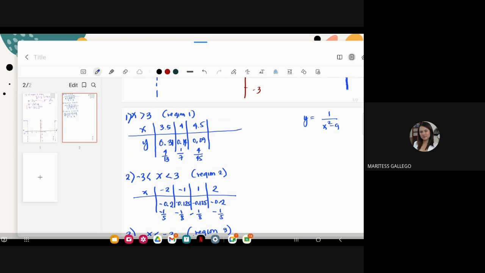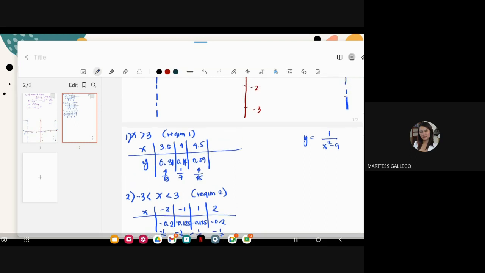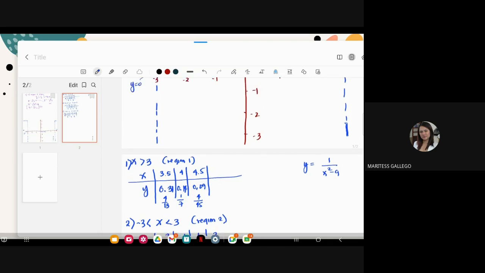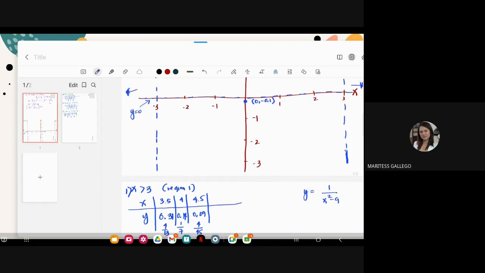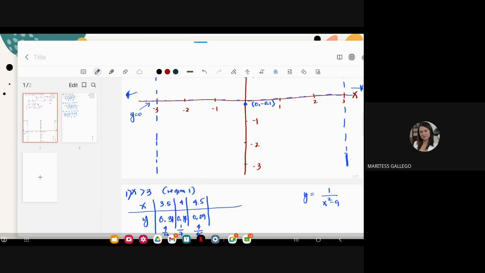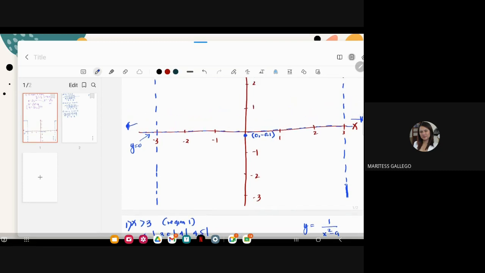yung ating region 1. X is 3.5 and 4/13 is 0.3. 3.5. Okay, dito tayo sa greater than 3. Nako po. Kulang yung aking 4. Mas sobrahan ko naman.